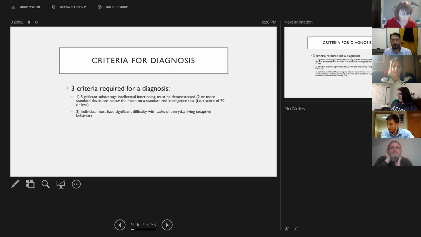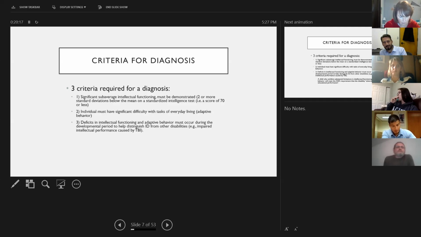A deficit in intellectual functioning and adaptive behavior must occur during the developmental period to help distinguish ID from other disabilities. So impaired intellectual performance caused by TBI was one of them. Right. So basically, this criteria is requiring that it kind of be present early on, right?